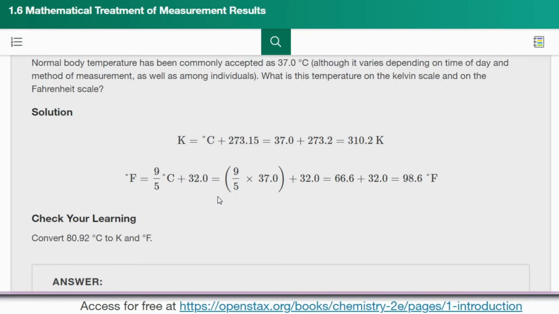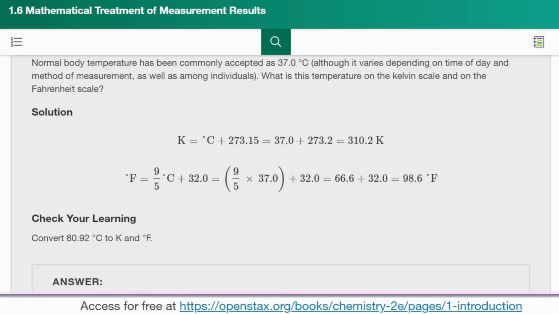To do this, it's not too hard. When you're going from Celsius to Kelvin, you take the Celsius figure and add 273.15 to it.